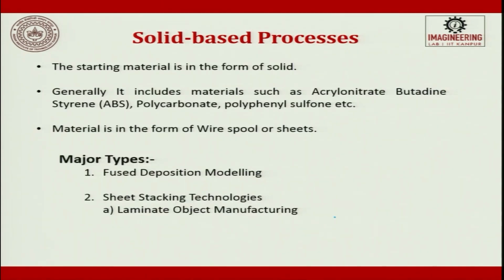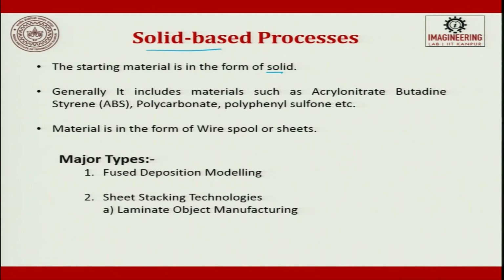The last of the three, the last process, is the solid base process. The starting material is in the form of a solid. Generally, it includes materials like ABS, polycarbonate, polyvinyl sulfonate.